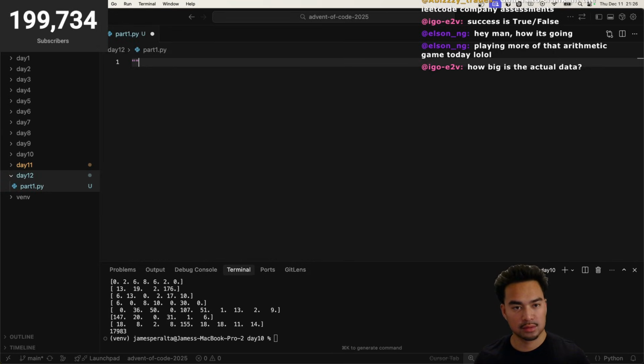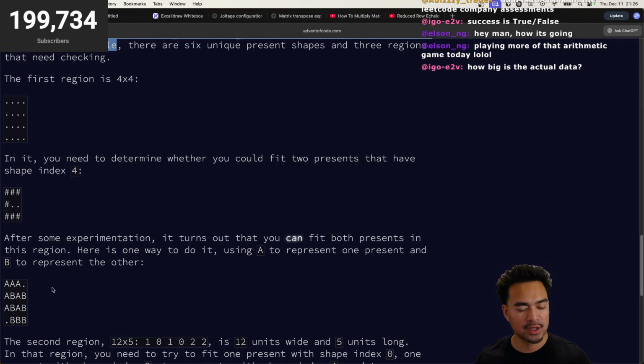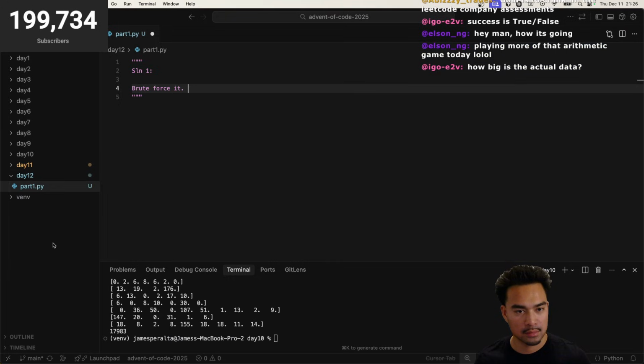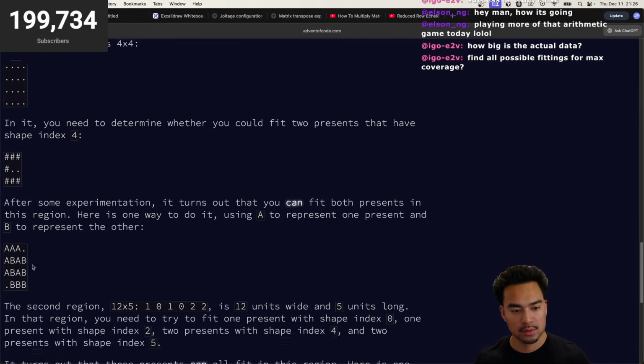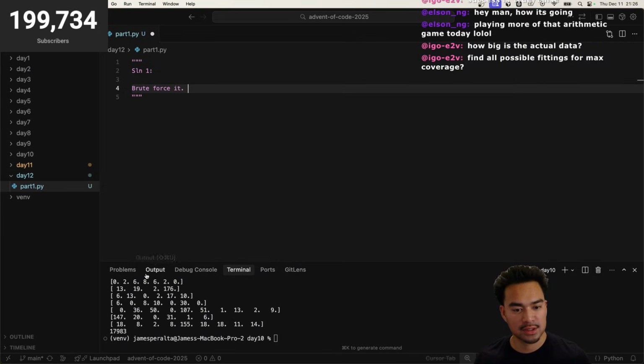I think solution 1 is just brute force it. Literally for every single shape, find the possible placements.